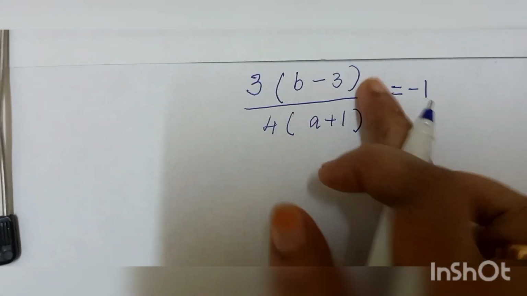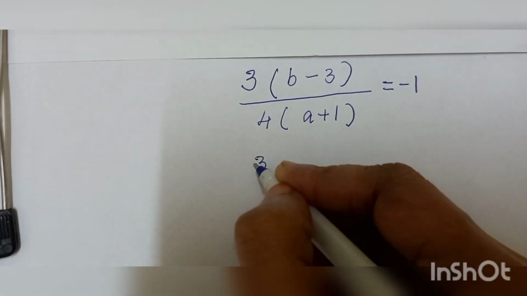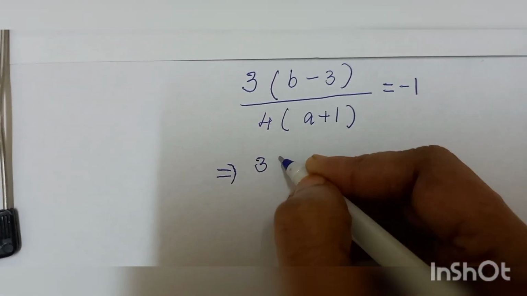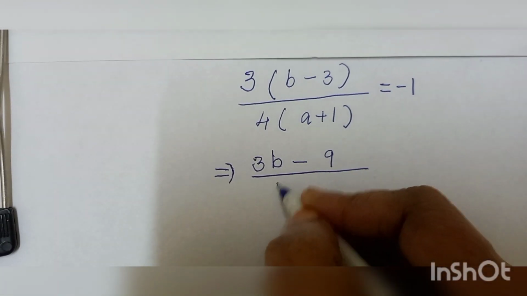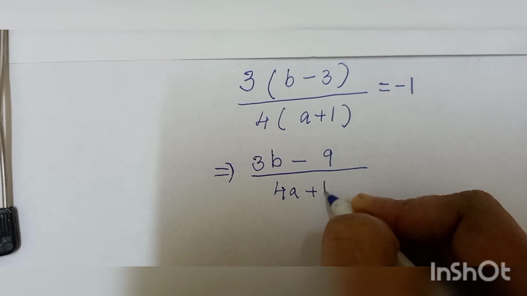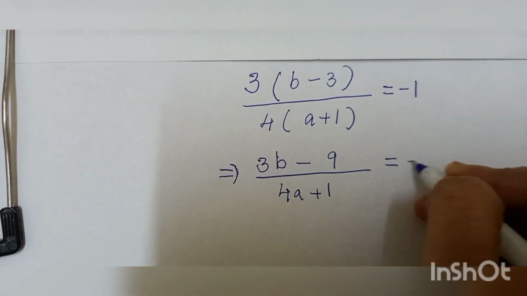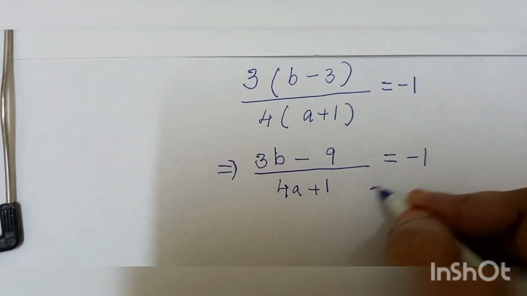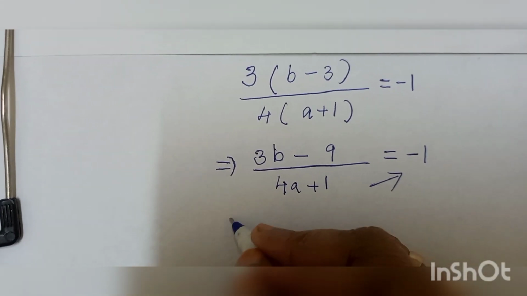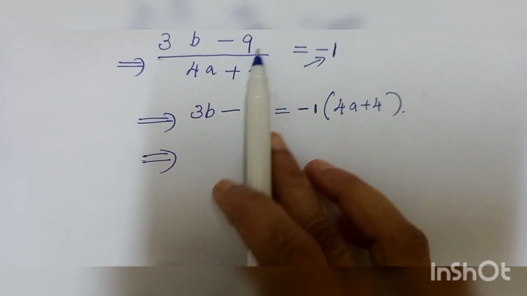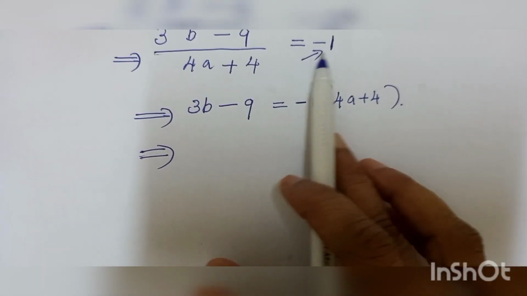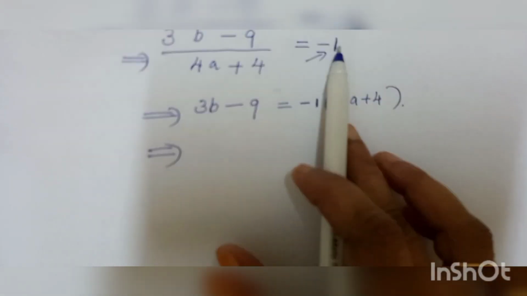Next, we have to simplify it. So we get (3b minus 9) whole divided by (4a plus 1) is equal to minus 1. Just cross multiply. After simplifying we get (3b minus 9) divided by (4a plus 4) is equal to minus 1.